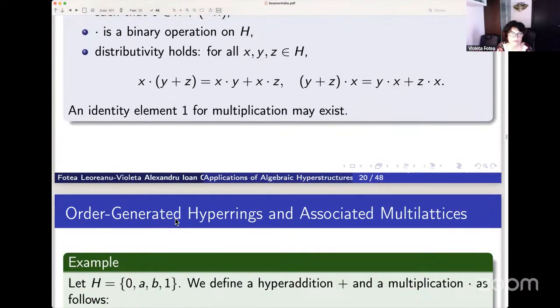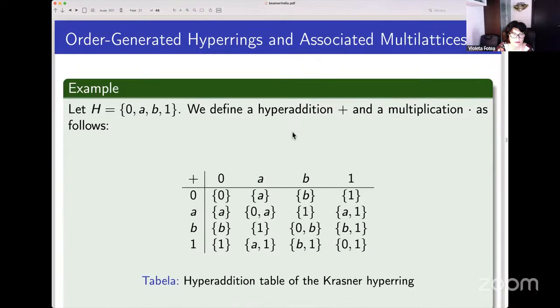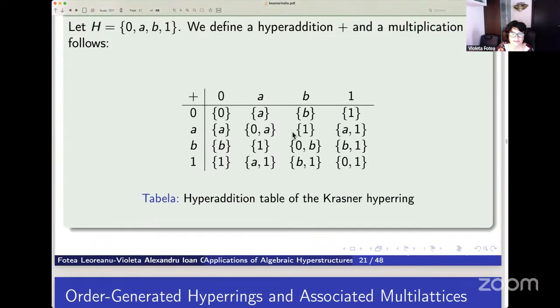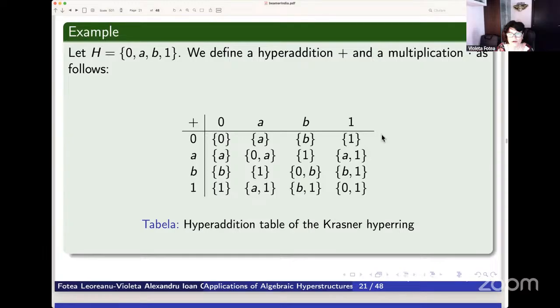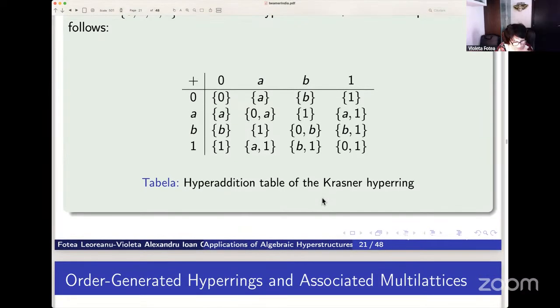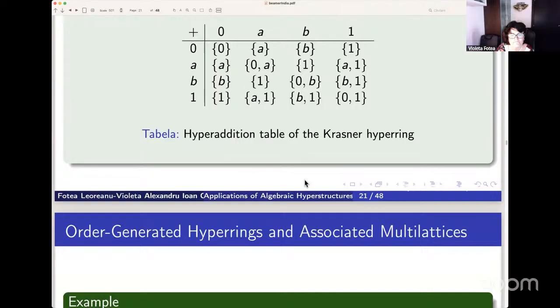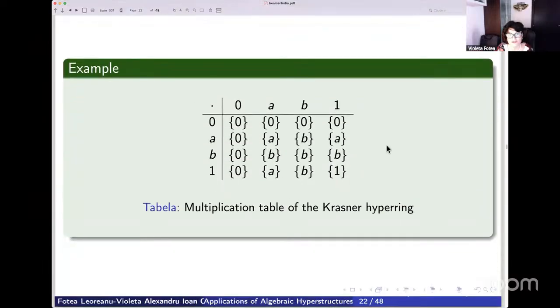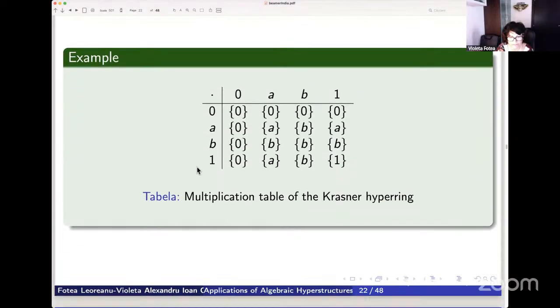And sometimes we can have an identity element for multiplication. Here is an example: for addition, we have a commutative canonical hypergroup, and for multiplication, we have just an operation.